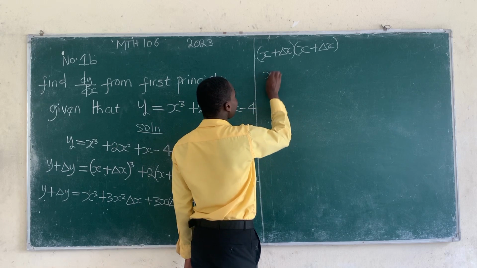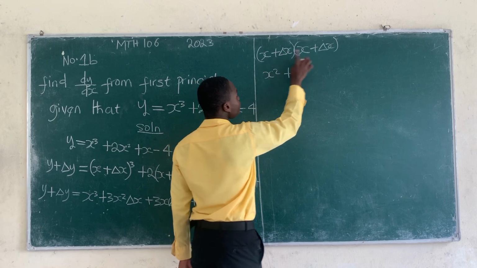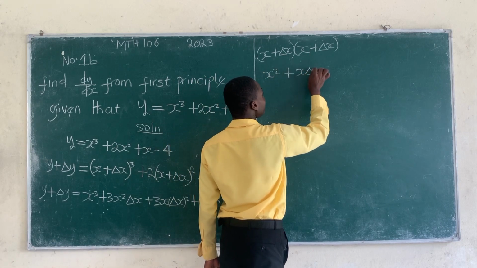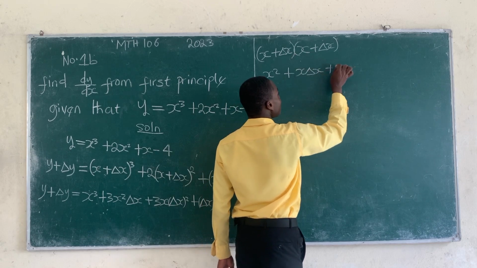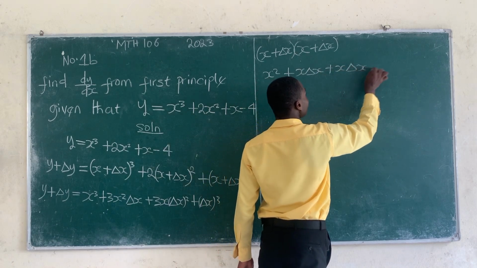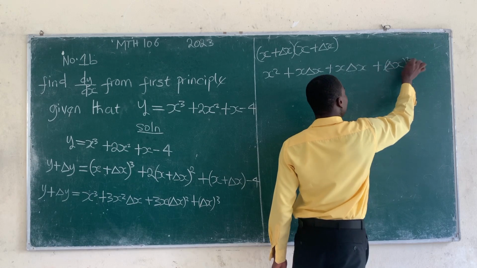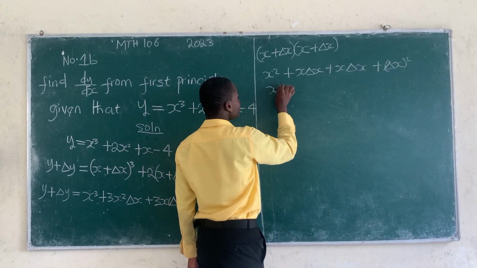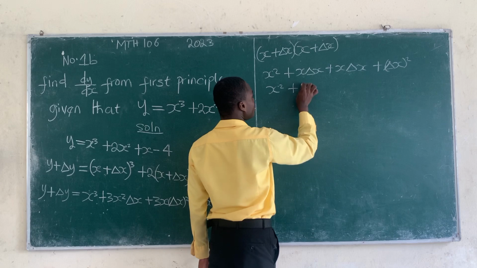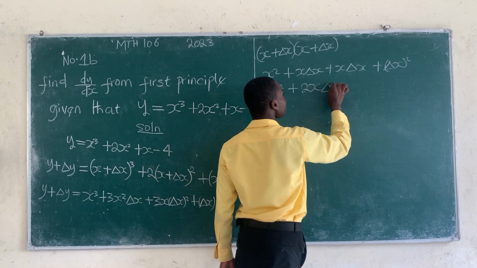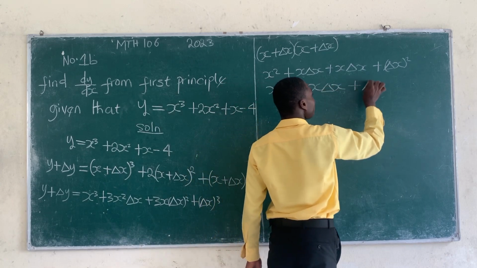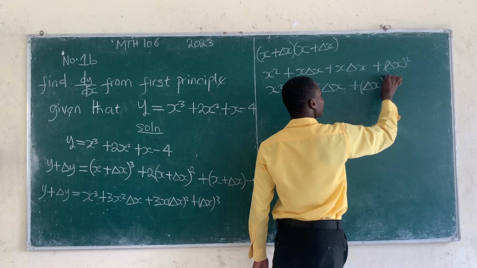We have x square plus x increase in x plus x increase in x plus increase in x square. So we have x square plus 2x increase in x plus increase in x square.